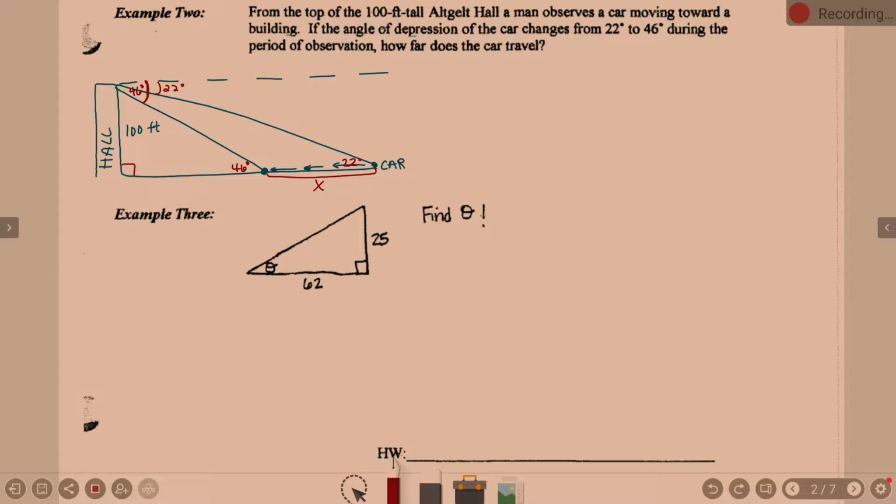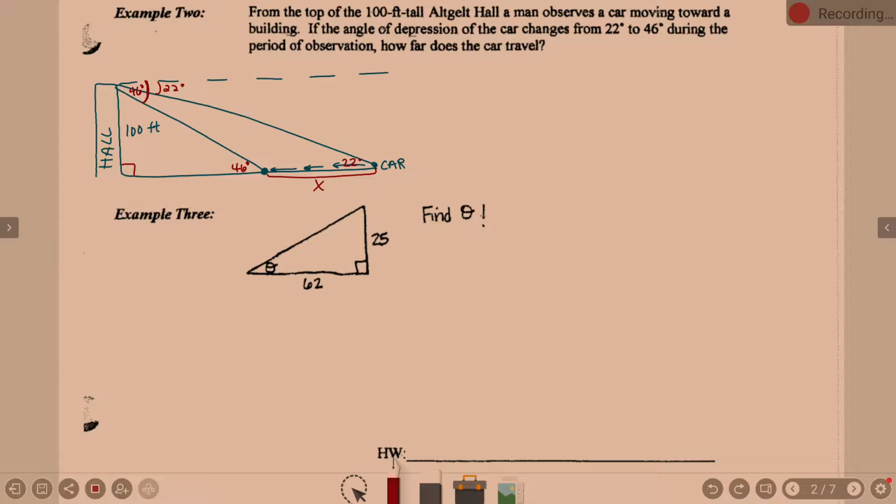Okay. Do you see where we're headed here? What are you thinking? We're going to have to find values for each of the triangles and then subtract the difference. Yep. Okay. Basically, we're going to have to find the bottom length of each of these triangles.